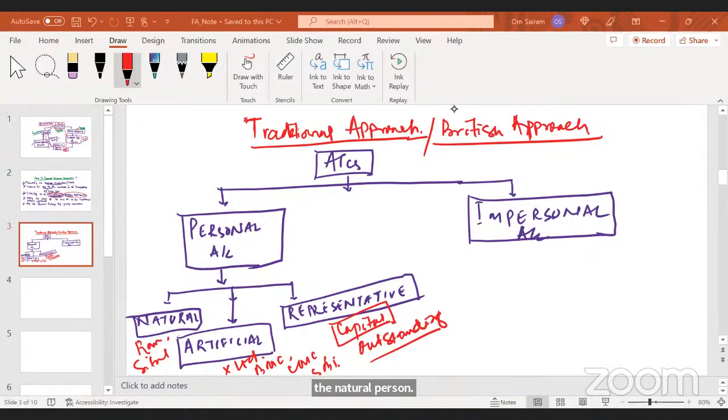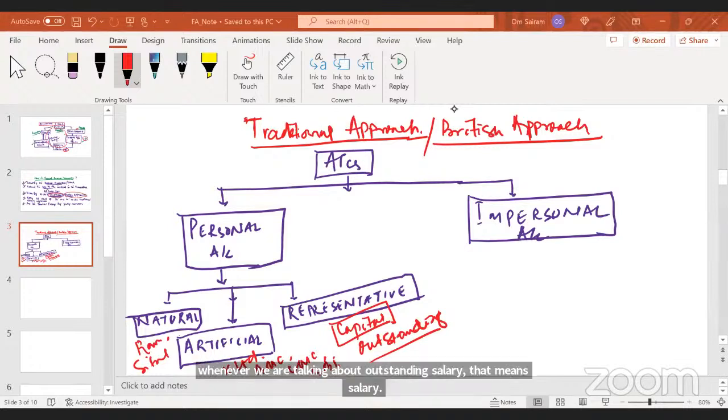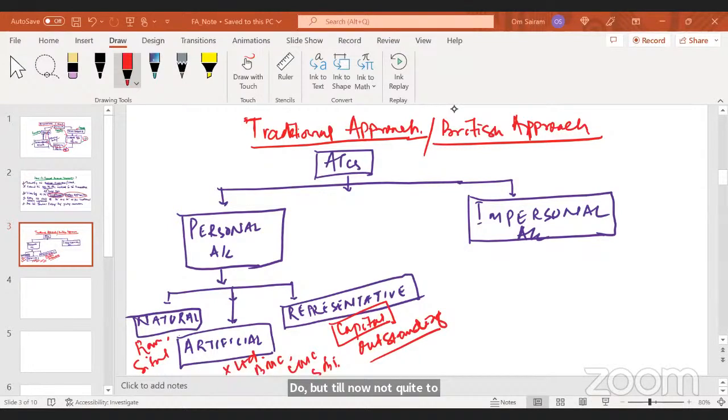Another example is outstanding salary or outstanding expenses. Whenever we are talking about outstanding salary, that means salary is due but till now not paid, to a particular natural person, to an employee or to a manager. So that is outstanding. And someone is saying, sir, outstanding means liabilities. Yes, definitely it is a liability.